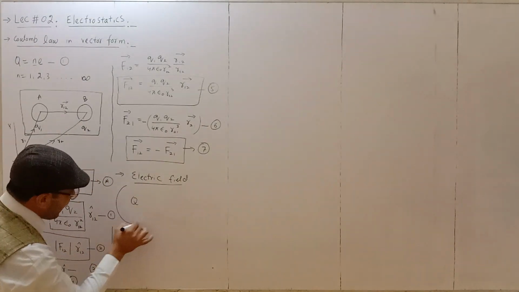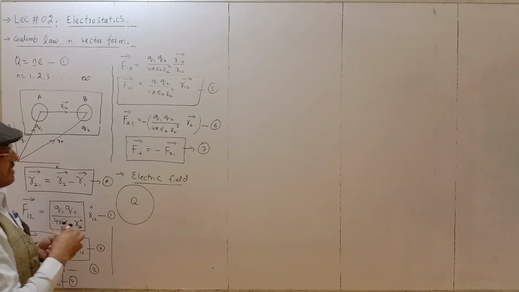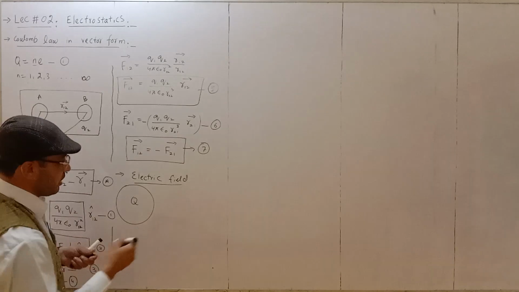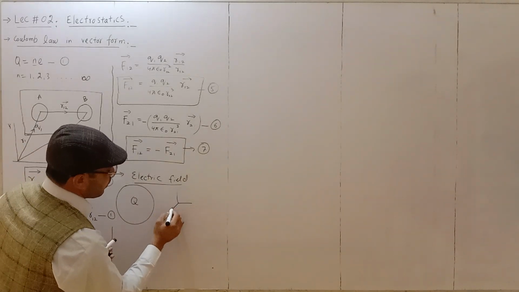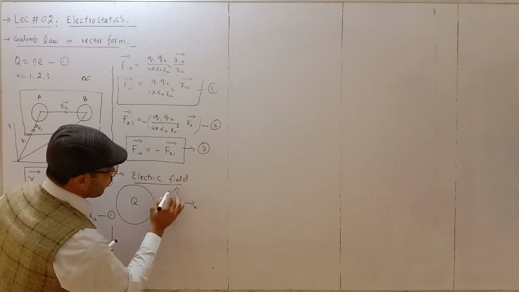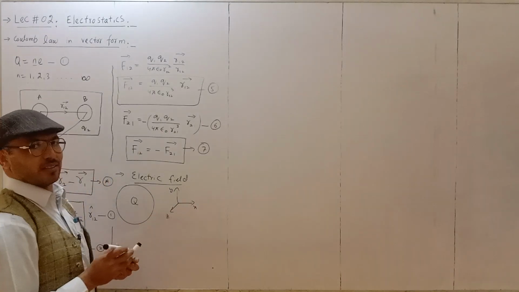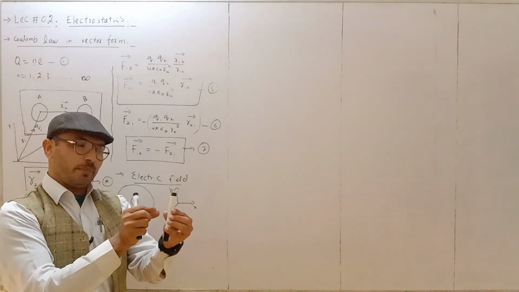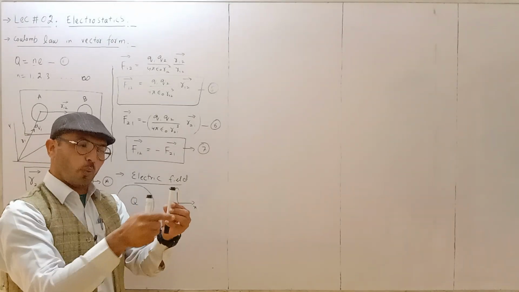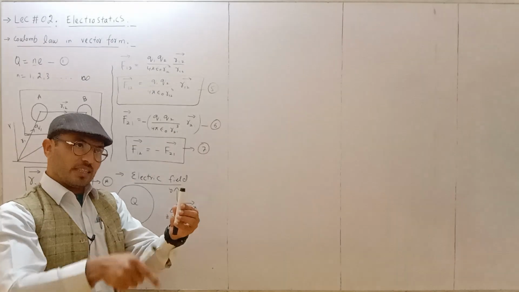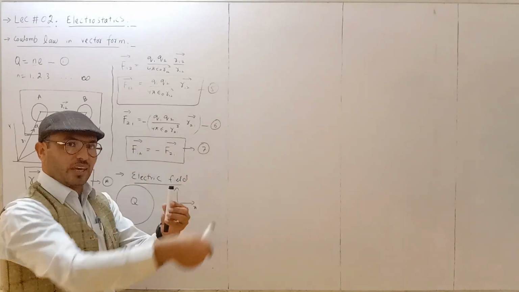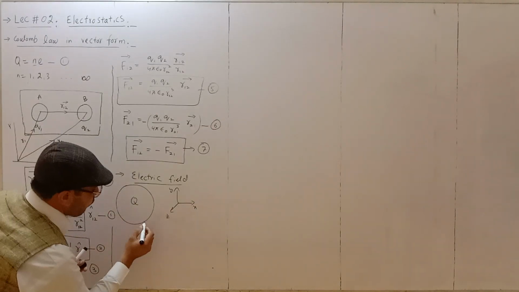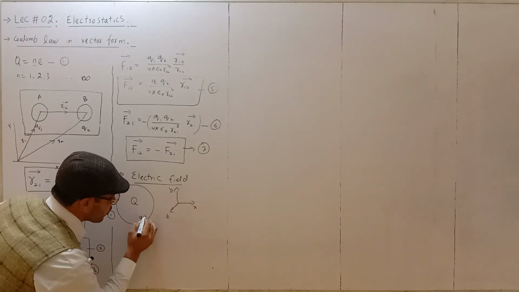So basically, an electric field is defined as a space. Space means three-dimensional: X, Y, and Z. The field of any charge will be observed in X, Y, and Z. So basically, the electric field is a space around any charge in which its effect can be felt by any test charge.